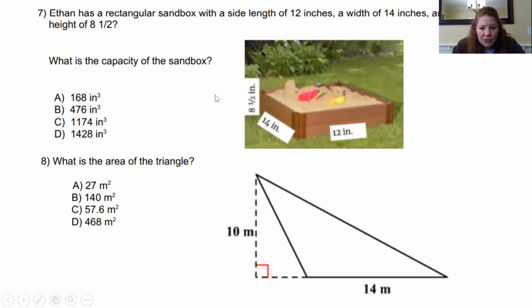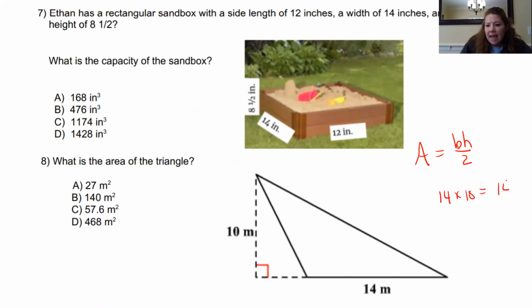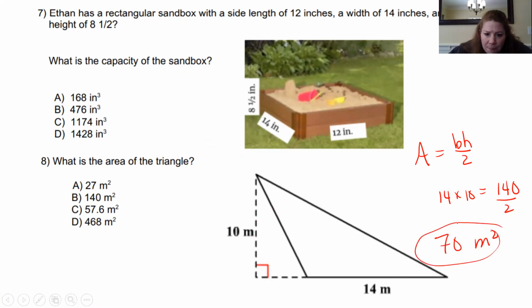Number 8, what's the area of the triangle? Well, area of the triangle is base times height divided by 2. So 14 times 10 would be 140. And then half of 140 is 70 meters squared. Uh-oh, we don't have 70 meters squared.